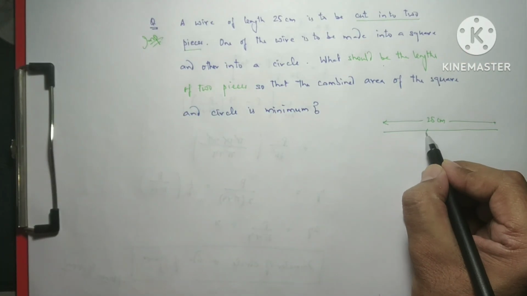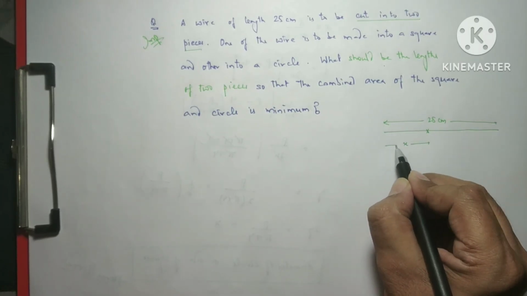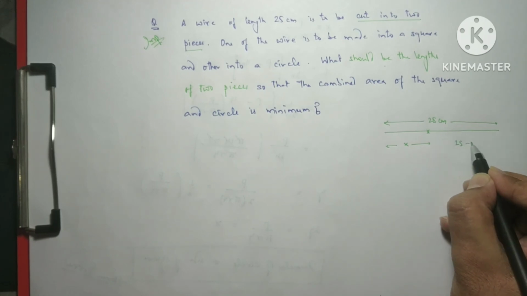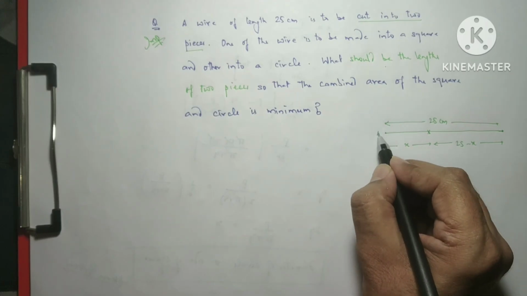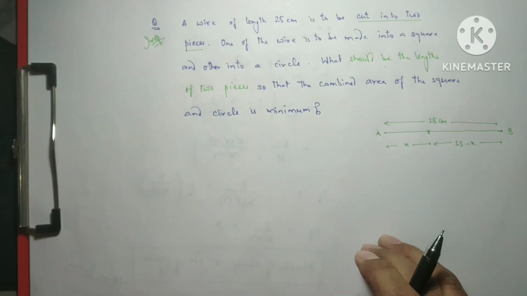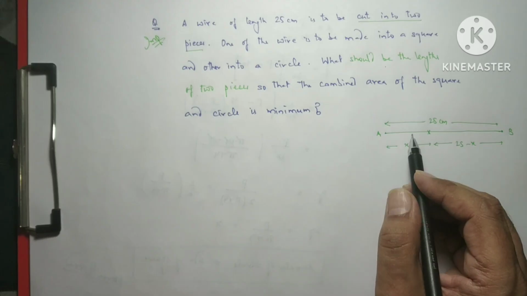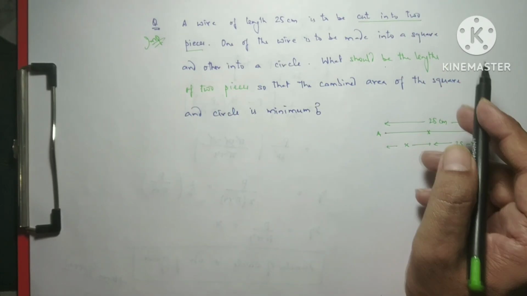Let us consider the first part has length x, and the length of this part is 25 minus x. Now it is saying that one of the wire is bent into a square.